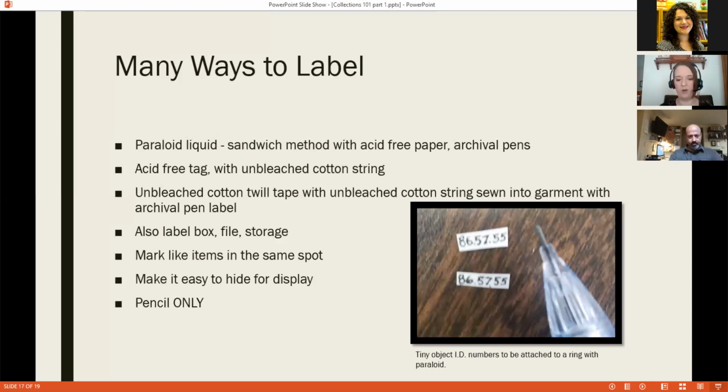We try to use pencil always, because say you have a pencil in your hand and you accidentally run it across a manuscript, you can erase that mark. If you were to have a marker in your hand and you do that same motion, you've irreversibly marked a document.